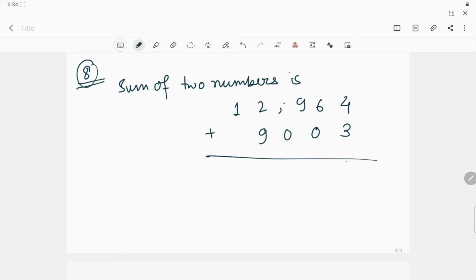Add it. 4 plus 3 is 7, 6 plus 3 is 9, 9 plus 9 is 11 and carry 1, so it will be 2. So 21,967, right? So find out the third number.